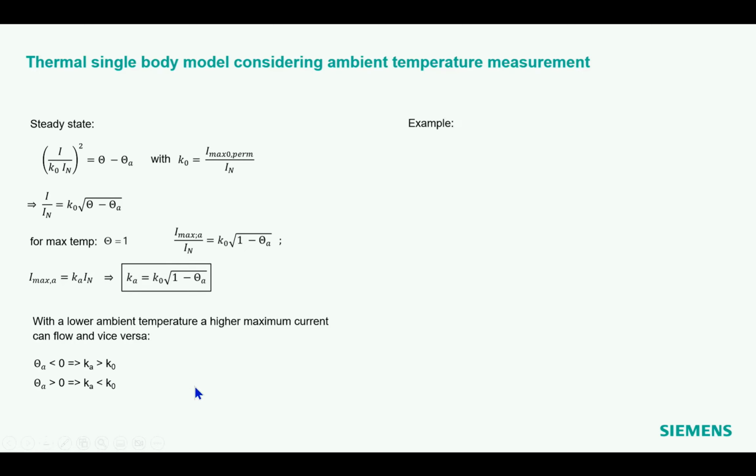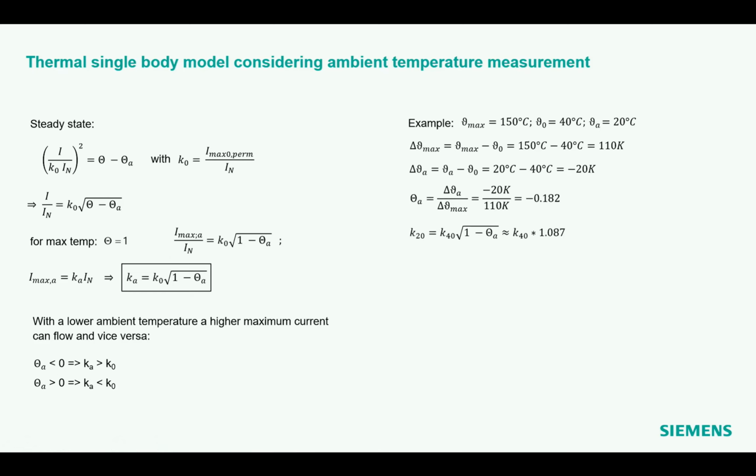Short example here. I made here a calculation. You can follow that if you like later. You need here one absolute value, the maximum temperature, because this is all with relative values, and we canceled out here the absolute values by considering the reference temperature.